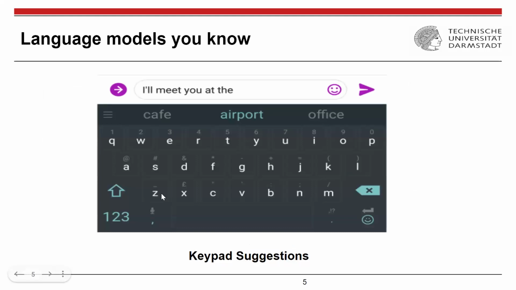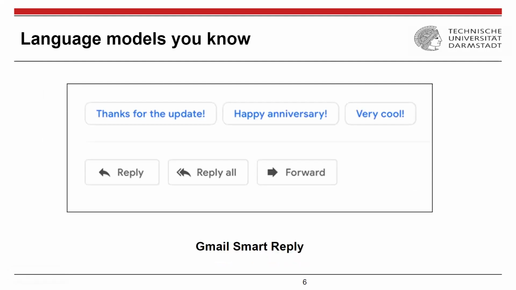Language models are actually everywhere. You will find them in keypad suggestions, where it predicts the most likely word after you write something. You will also find them in smart replies in Gmail. I'm sure many of you have seen that Gmail provides automatic replies to mails.